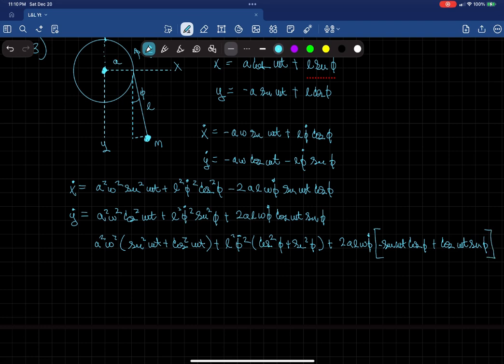And this can be written using a trigonometric identity as 2 a L omega phi dot sine of phi minus omega t. So we have a squared omega squared plus L squared phi dot squared plus 2 a L omega phi dot sine phi minus omega t.